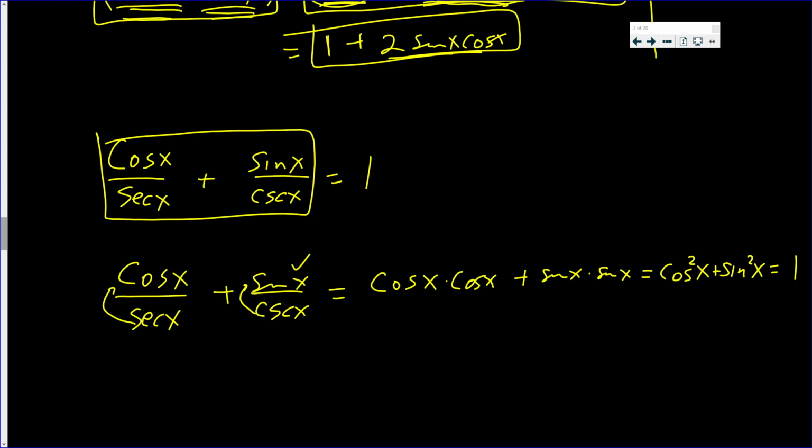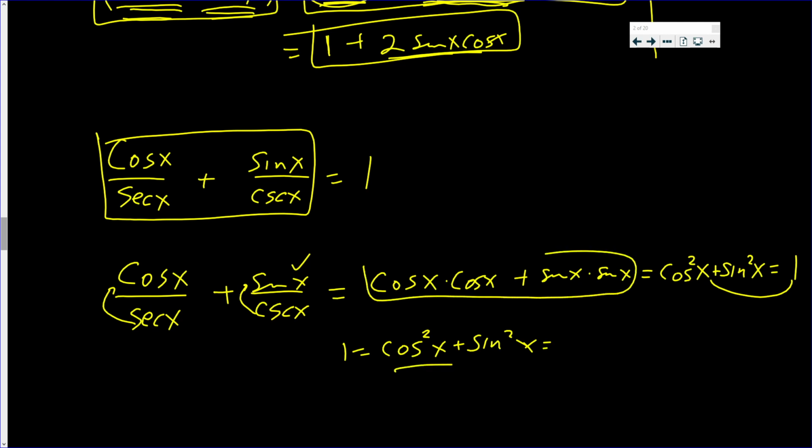Now if I read it backwards, I'll even write it. 1 is cosine squared x plus sine squared x. That's from here to here. But that equals this. That is, cosine squared x is cosine x times cosine x plus sine x times sine x.